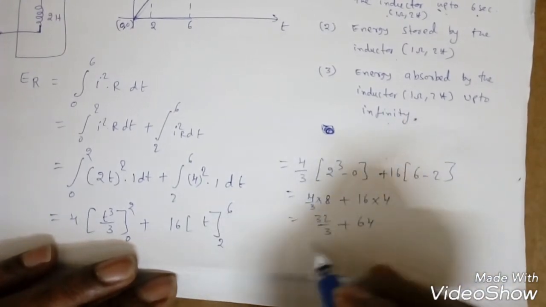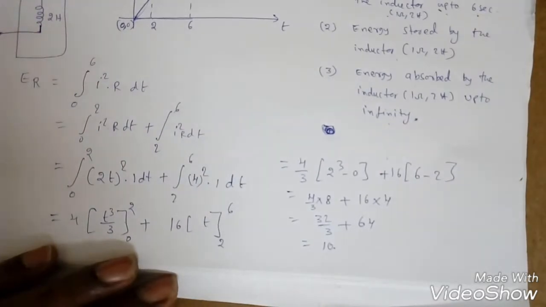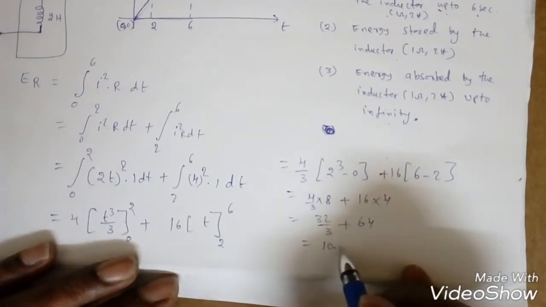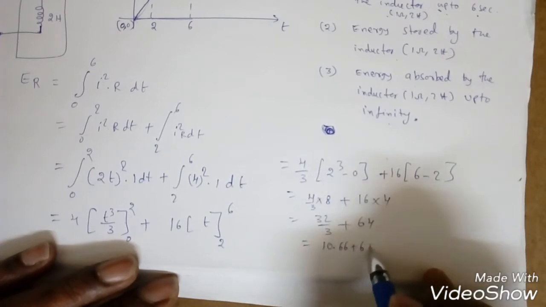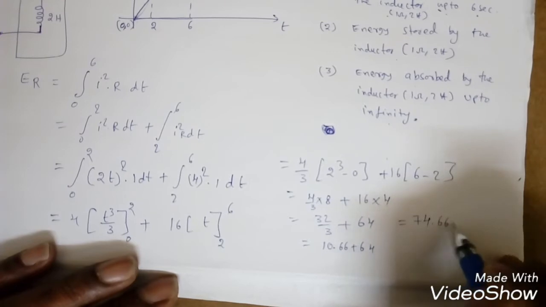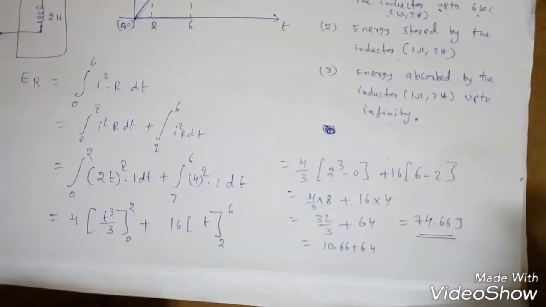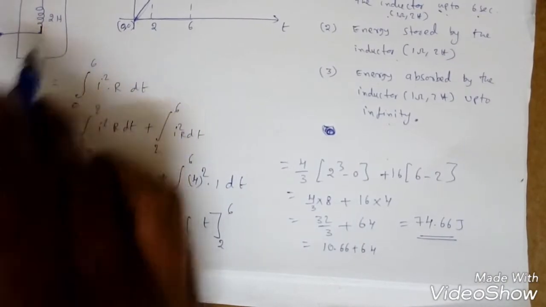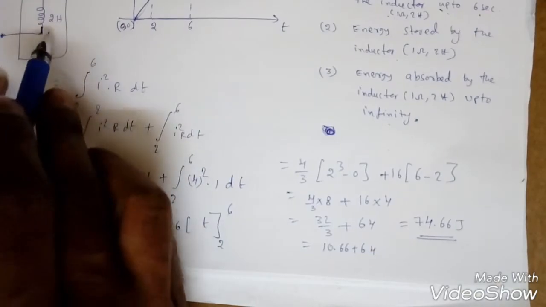So 10.66 plus 64, or 74.66 joules. This is up to 6 seconds across the 1 ohm resistor only. Now we will find it across the inductor.